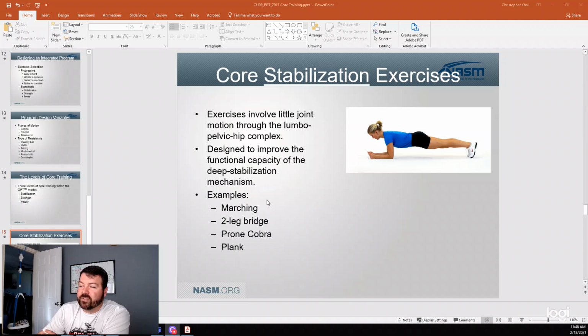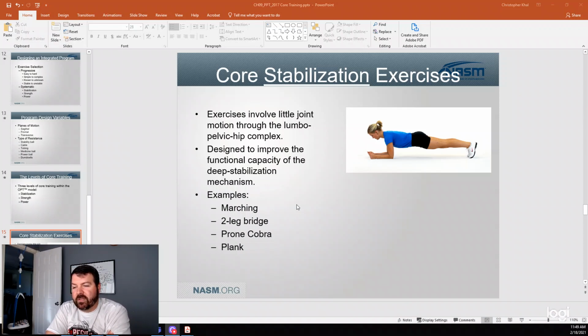Okay. There's also marching, and these 4 exercises listed here, examples, are in your book, in the chapter. Marching is a great one to do, especially right off the bat, and it can get really, really hard, especially if you do a posterior tilt of your hips. That's more just rotating your hips backwards. If you were to lay on the ground on your back with your knees bent, pushing your low back into the ground to get rid of that little arch, that's an example of a posterior tilt.